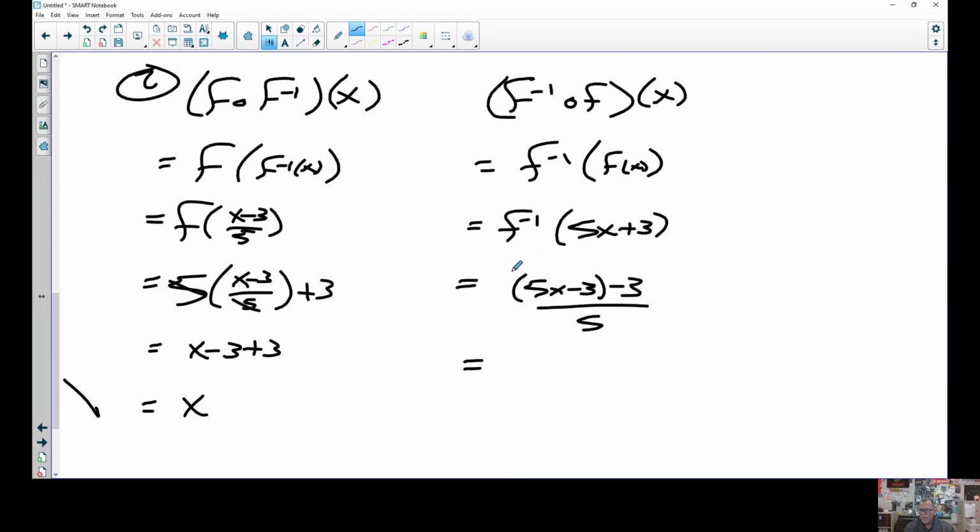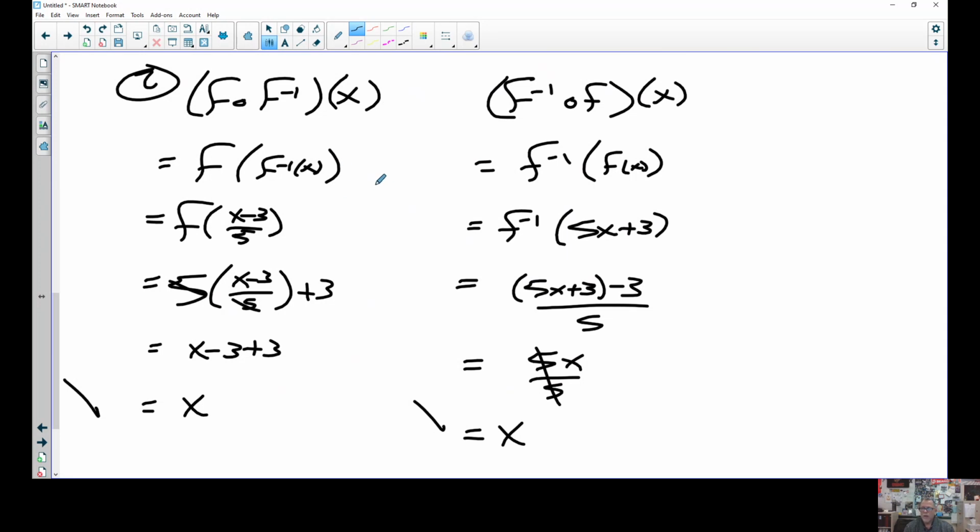And again, I don't want to see all sorts of cancels all over the place. Write out each step each time. 5x plus 3 minus 3 is 5x over 5. And then these would cancel, leaving x. We've got our check, and we've proven it. That's all you need to do to prove, show, or verify that those two are inverses.